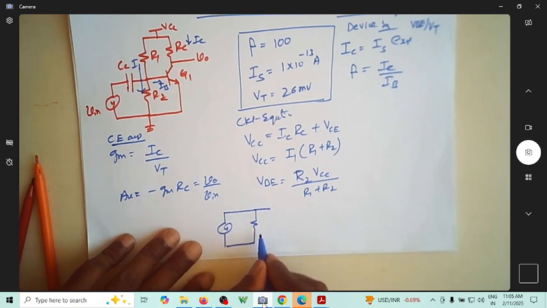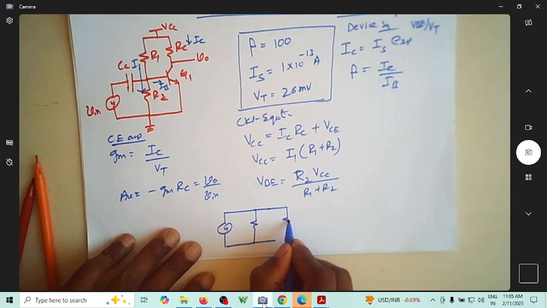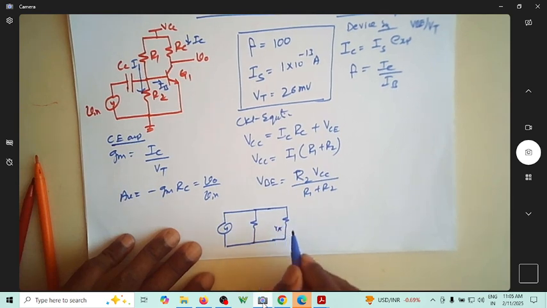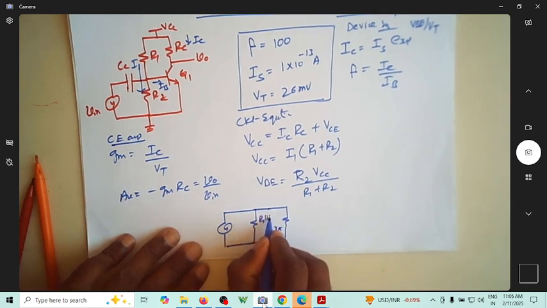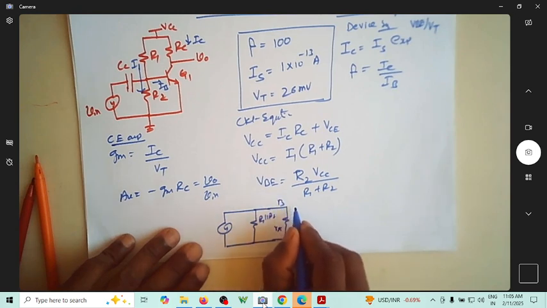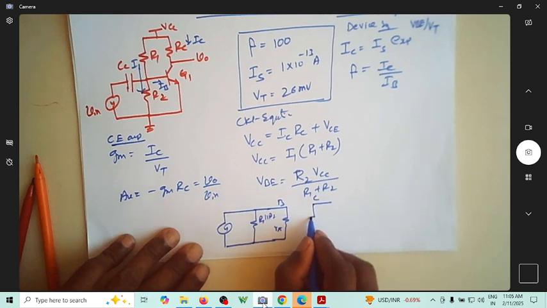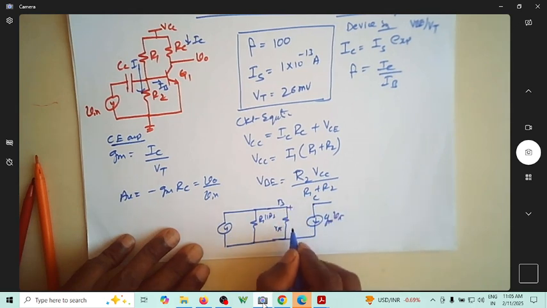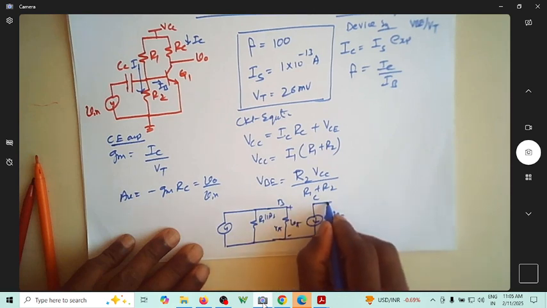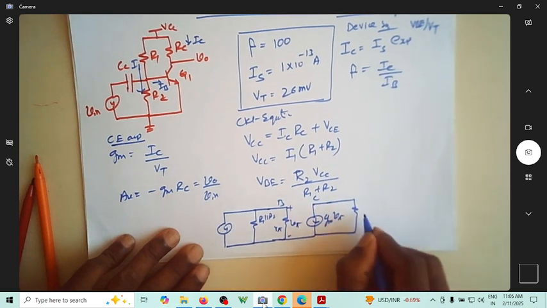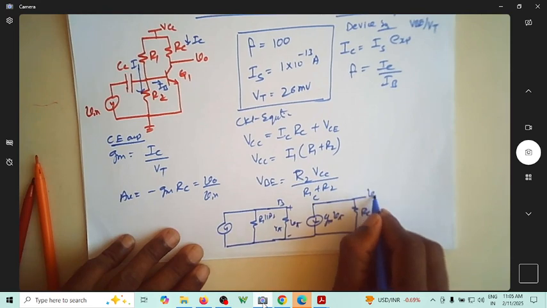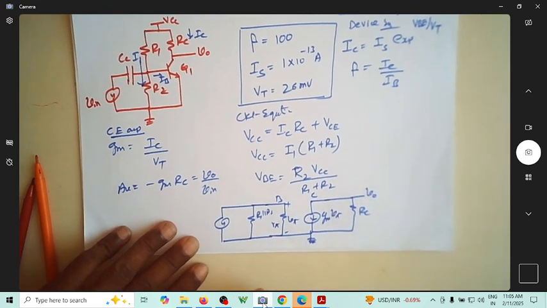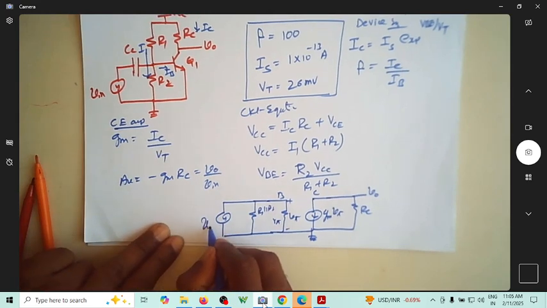This is R1 parallel R2, and then you'll have r pi for this transistor. This is base, and this is collector, and you have this as gm into v pi. Usually this is called v pi, and you have this as RC. So this is the small signal model. This is v.